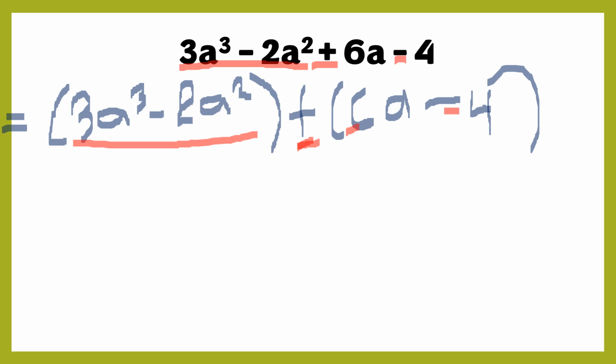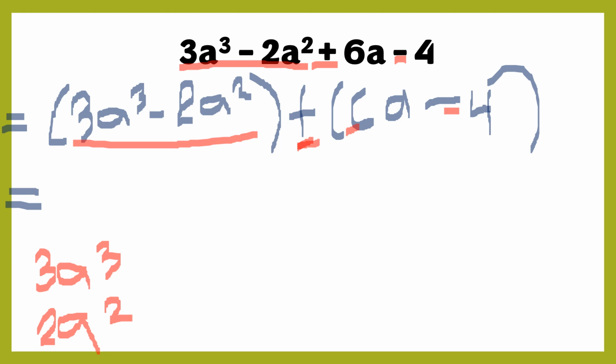Thus, there is no need for us to change the operations. Alright, now let's solve the first binomial. Our first term here is 3a cubed. We have 3a cubed, and our second term is 2a squared. So you write 2a squared.